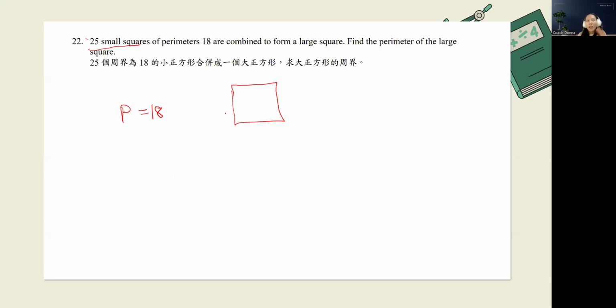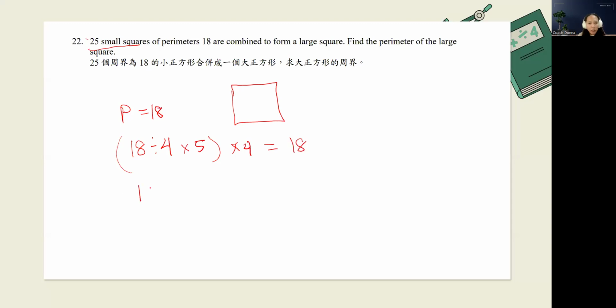So let's divide 18 into 4 because a square has equal side lengths. 18 divided by 4, and then we'll have to multiply it by 5, and then multiply by 4 again because there are 4 of those.